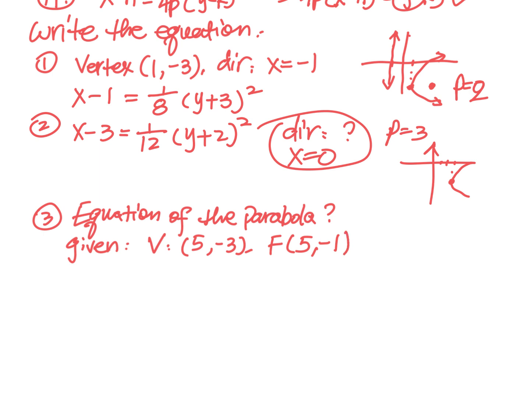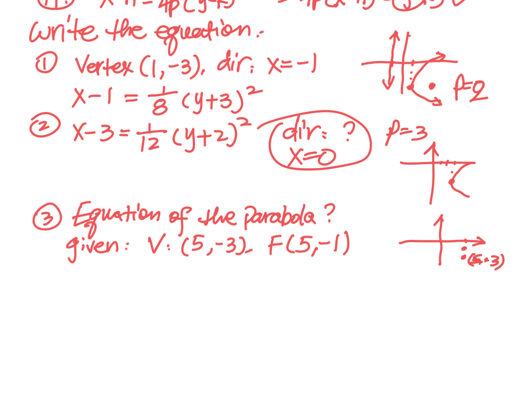Whenever you have this information, I always remind students to sketch. 5, negative 3 is the vertex. And the same 5, negative 1 is right here.